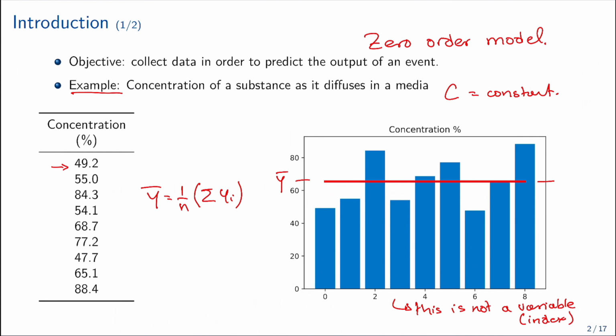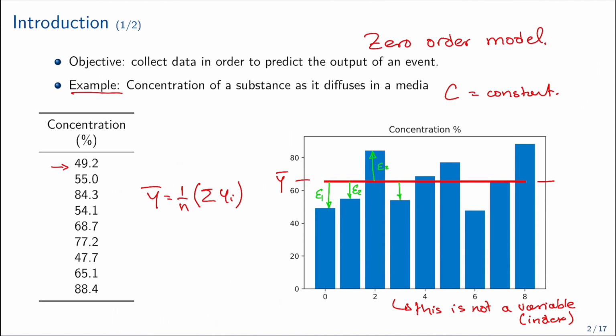And the error of this prediction, we can compute it by the value of the prediction, which is the mean, compared with every one of the single measurements that we have. So we have epsilon 1, epsilon 2, and so forth.